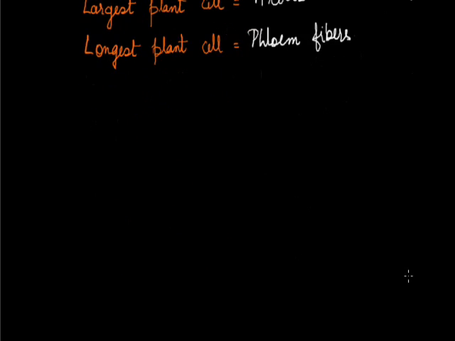Now after the examples of the largest, smallest and the longest cells, the next category is the type of cells, or rather the type of organisms. So living organisms or living beings can be divided into two groups on the basis of the number of cells they contain.